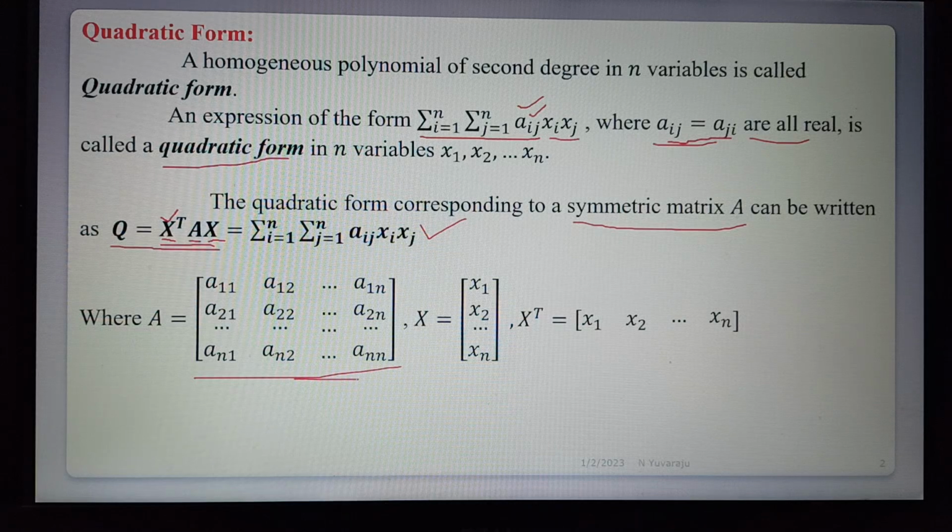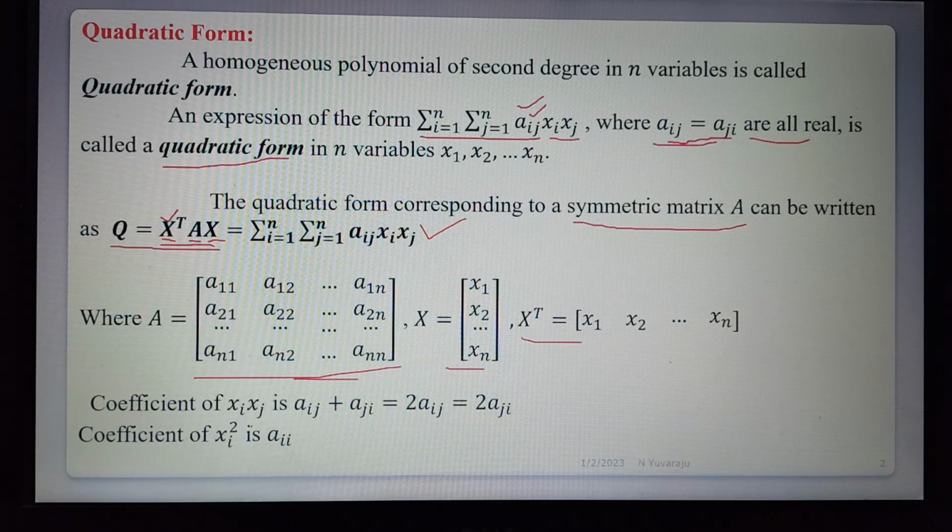This is the coefficient matrix, and x is the matrix of unknowns, a column, and x transpose is the same matrix but as a row, x1, x2, up to xn. So the coefficient of xi xj is aij plus aji, both are equal and taken together, as I already told, like a12 and a21.